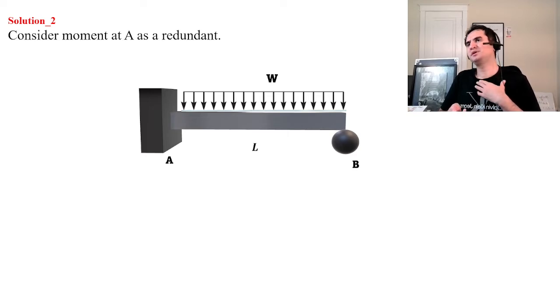Solution 2 considers the moment at A as a redundant, because it's a 1 degree indeterminate.